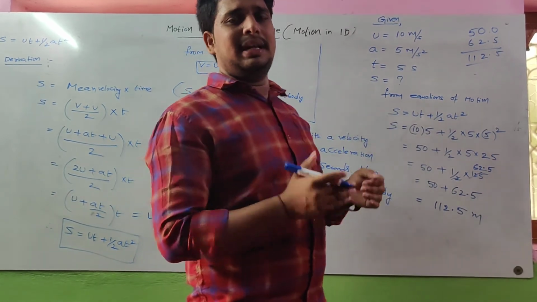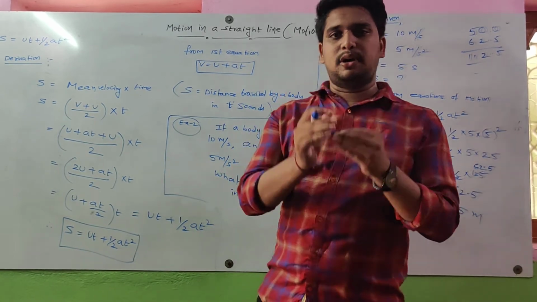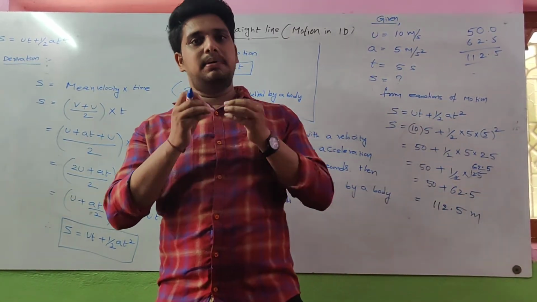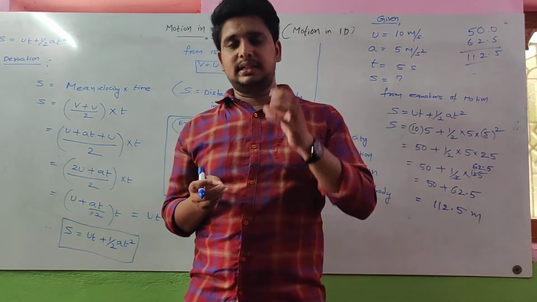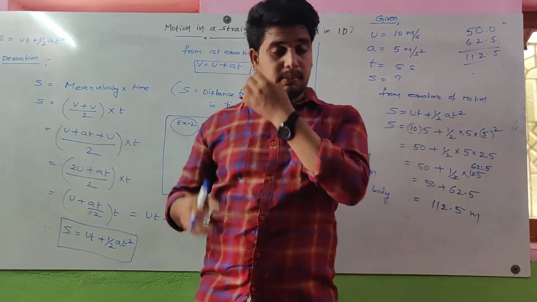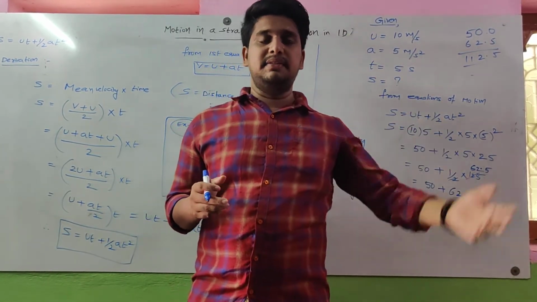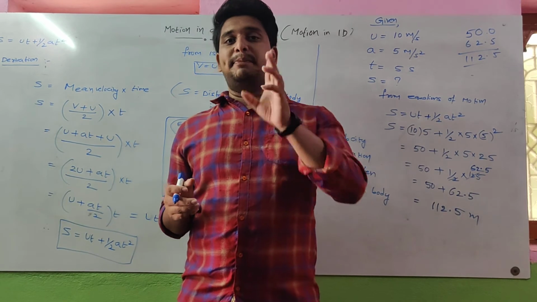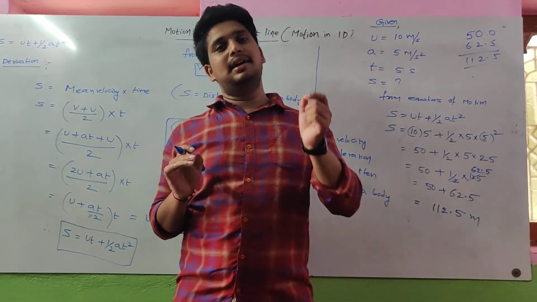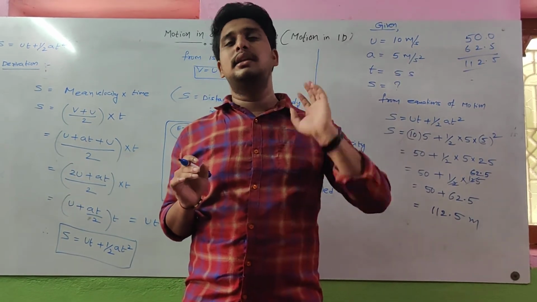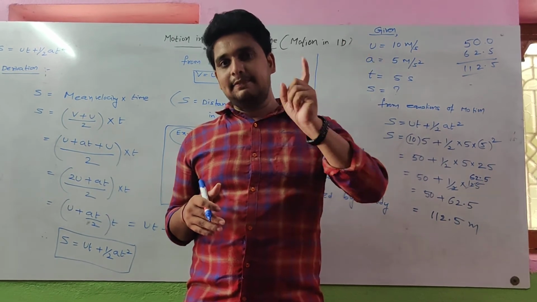Based upon the given data, we need to choose the correct formula, because in the previous lecture we found the final velocity. There, initial velocity, acceleration and time were given, and we found final velocity by applying the first equation.